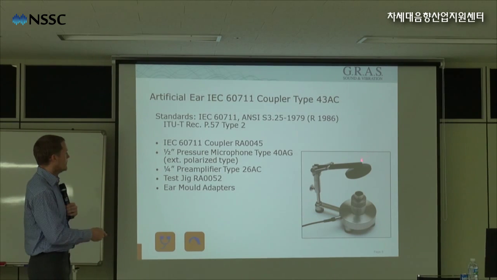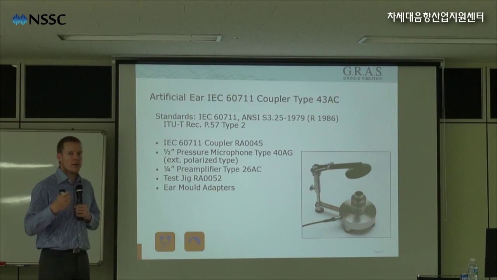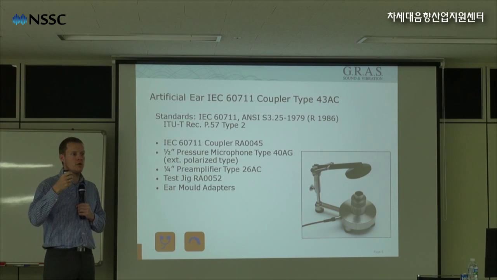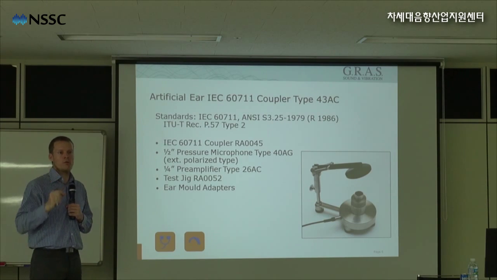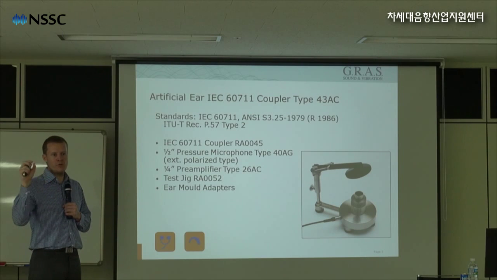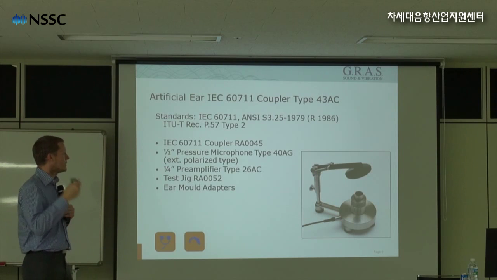Then we have this other coupler, the 711 coupler. We have a test jig set up like this, where we also have the microphone inside, and there is a volume surrounding the microphone. But in this volume, we have 4 small volumes that alter the frequency response so that it's equal to a human ear.